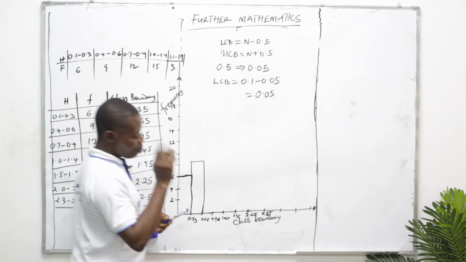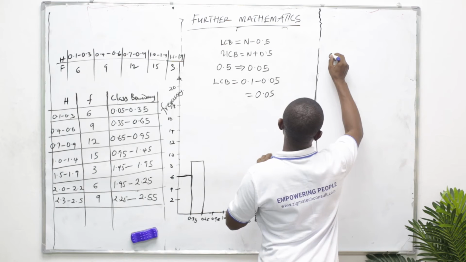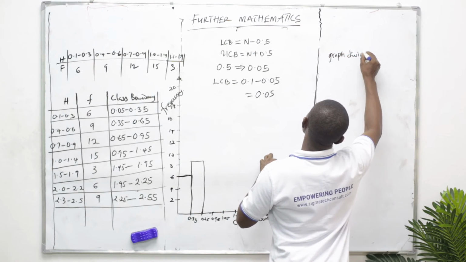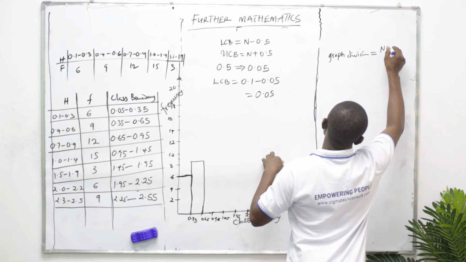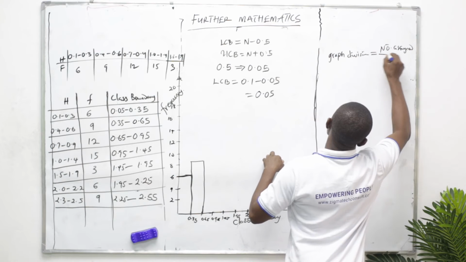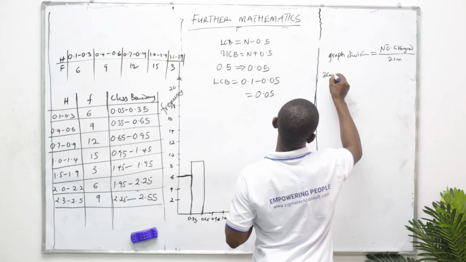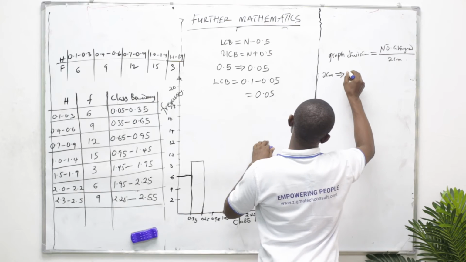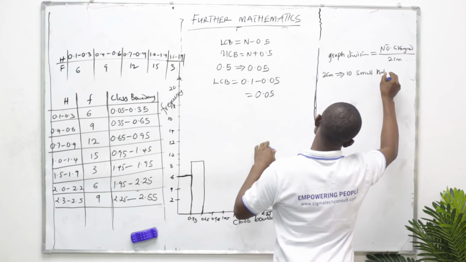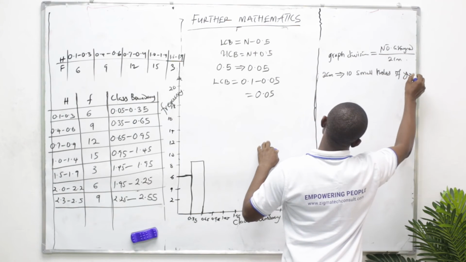But for record purpose, jot down: graph division equals number assigned all over 2cm. 2cm equals 10 small holes of your graph.